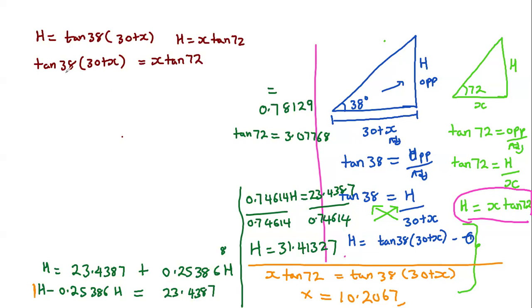Now, here I can note that tan of 38, we obtained it from here, that tan of 38 is equal to this. So here I would say 0.78129 into 30 plus x will equal to x times tan 72, which is 3.07768. Now, when I reach here, I open the brackets.